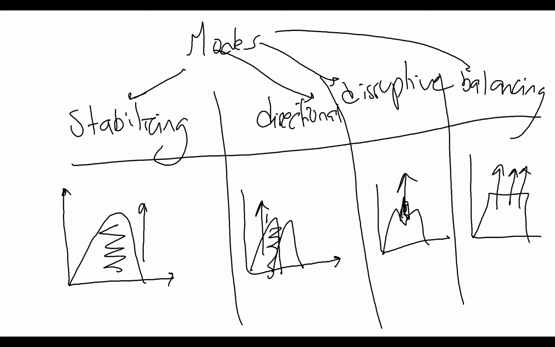So, stabilizing selection: this type of selection acts to maintain the current phenotype in a population. What does this figure mean? It means that we have a specific phenotype in a population. What happens in stabilizing selection?